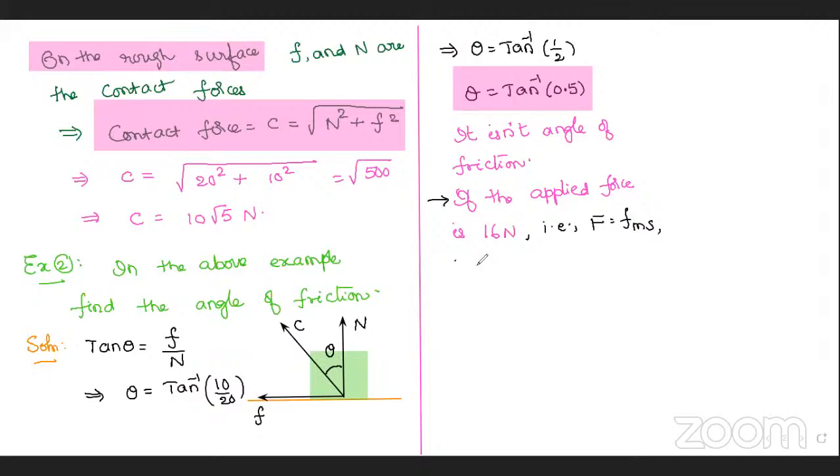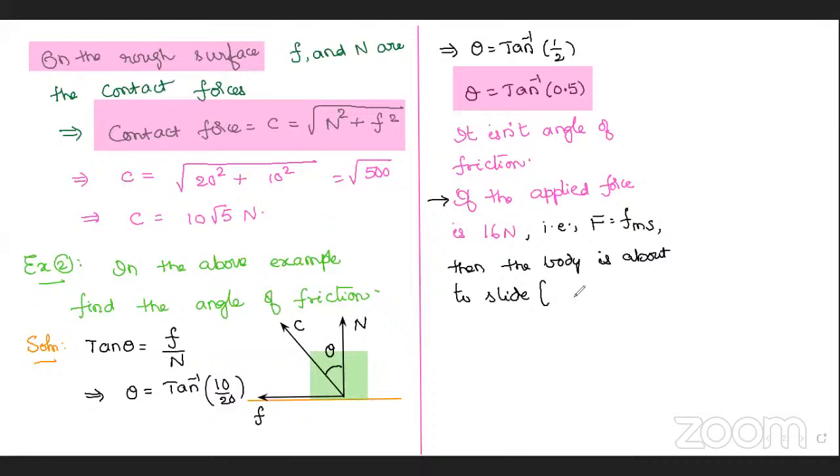Then we write the body is about to slide. This condition in the previous class we named as limiting. The angle is made with the normal, with the vertical.